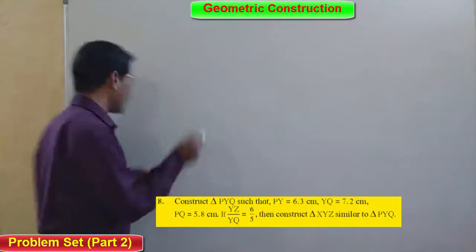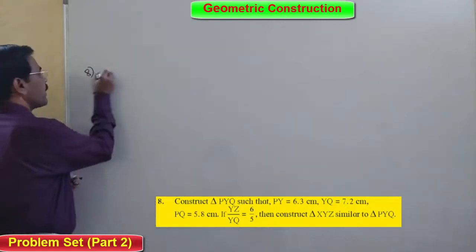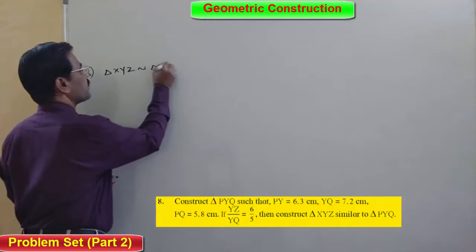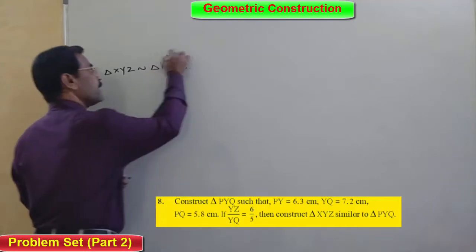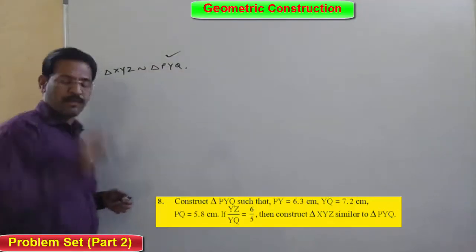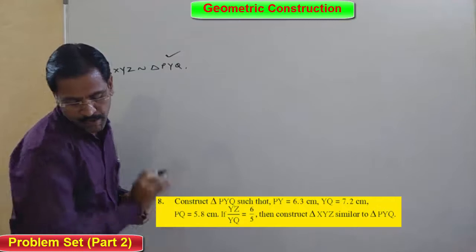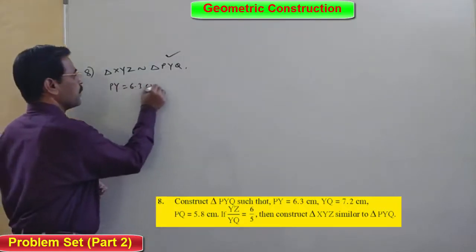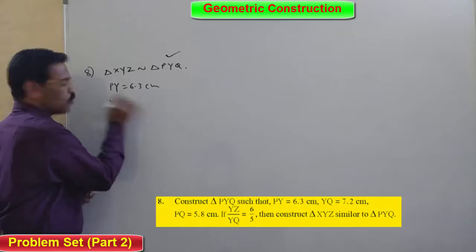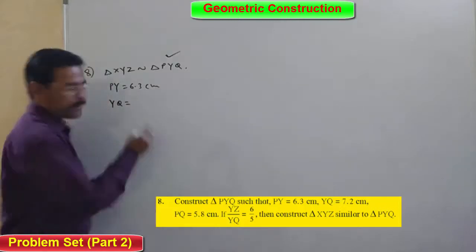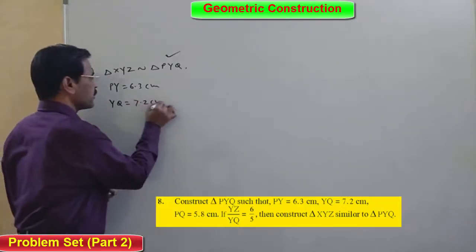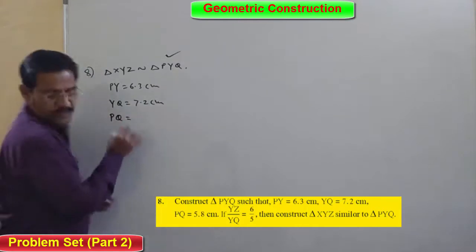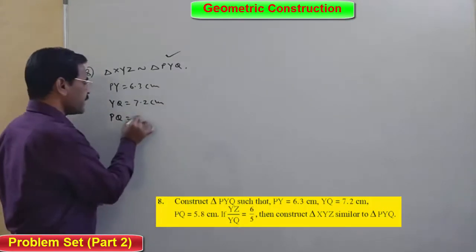So look here, I'll write first triangle XYZ which is similar to triangle PYQ, but the information about PYQ is given. What is that? PY is 6.3 here. Okay, YQ is again given, that is 7.2 centimeter. And after that, PQ is also given, which is 5.8 centimeter.